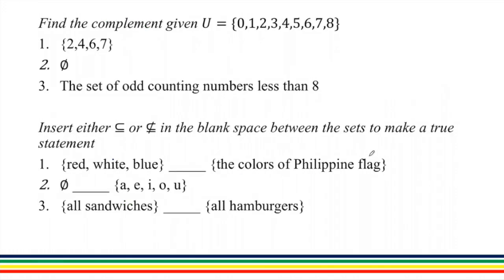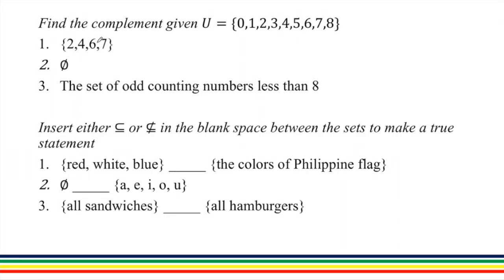Now find the complement given U as {0, 1, 2, 3, 4, 5, 6, 7, 8}. How about number 1? We have {2, 4, 6, 7}. Again, complement means the members of the universal set that are not present in the given set.